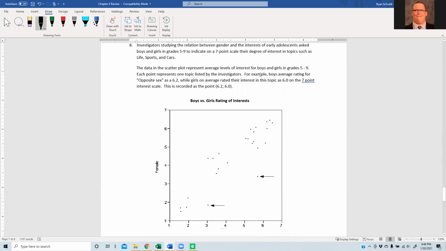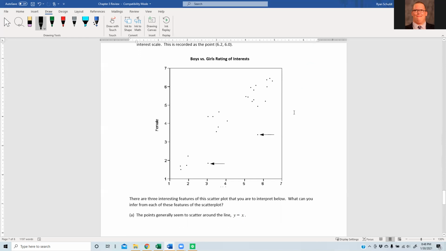For example, boys' average rating for the opposite sex is a 6.2, while girls on average rated their interest in this topic as 6.0 on the 7-point interest scale. So they recorded the point 6.2 and 6.0. And maybe this dot right here where my mouse is at.